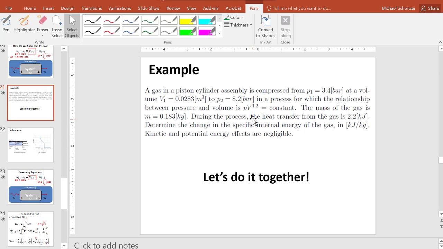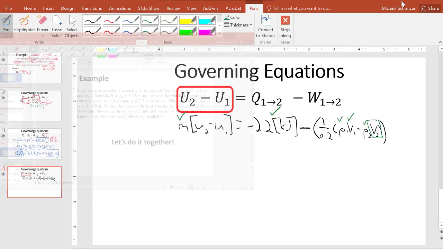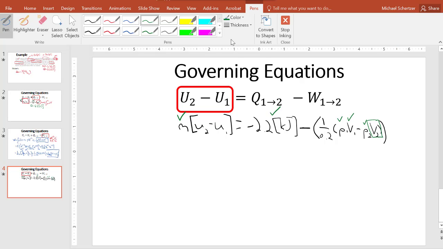If we come down here, we're told P1 and V1. We're told P2, but we don't know V2. Right? So here we don't know V2, but we know that P1 V1 to the 1.2 is equal to P2 V2 to the 1.2.